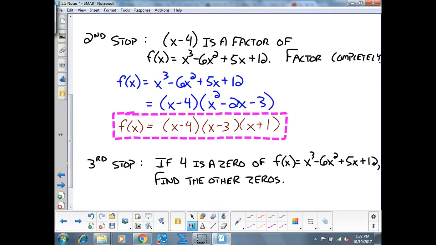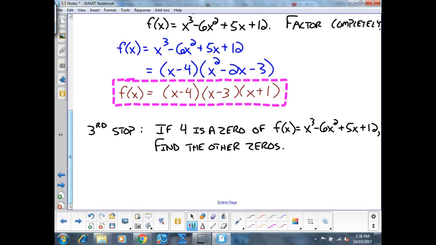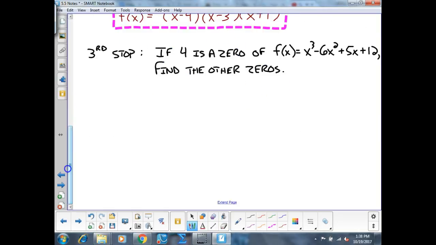Rewrite our quotient. Yes, I had degree 3. Then I can take it down to degree 2. So f of x equals x cubed minus 6x squared plus 5x plus 12. Since 4 is a 0, divisor x minus 1.